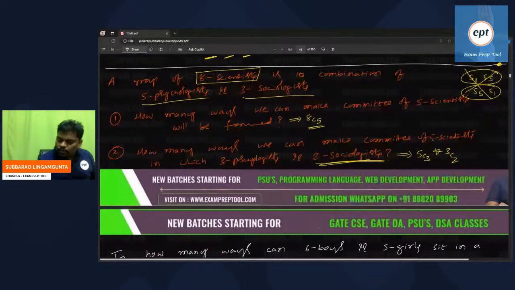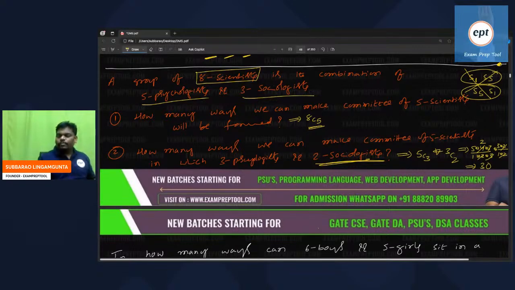5C3 is 5 into 4 into 3 by 1 into 2 into 3. The 3 cancels, so 10. 3C2 means 3 into 2 by 1 into 2. The 2 cancels, so 3. 10 into 3 is 30.